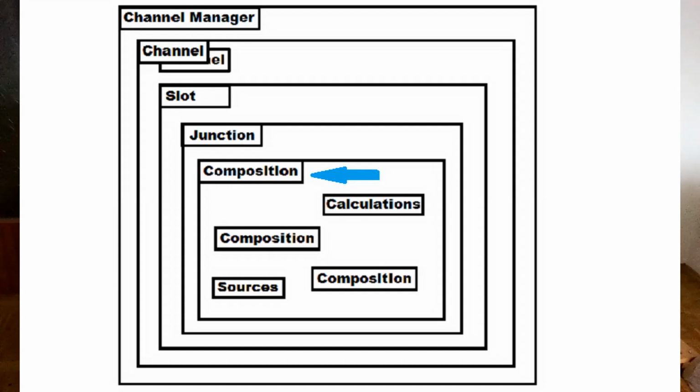The magic of the composition is that a composition can contain other compositions, and it can contain the functional modules, like the calculation one, the sources, and you can mix them on one level. So the idea behind that is you can also reuse already defined compositions.